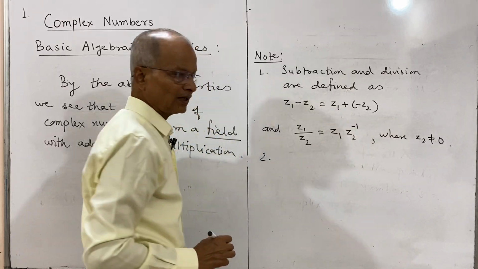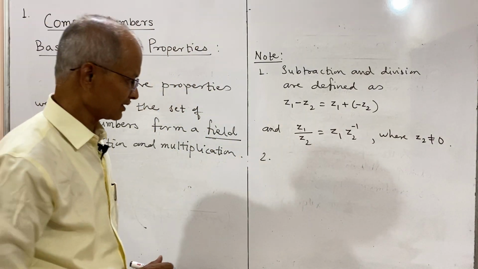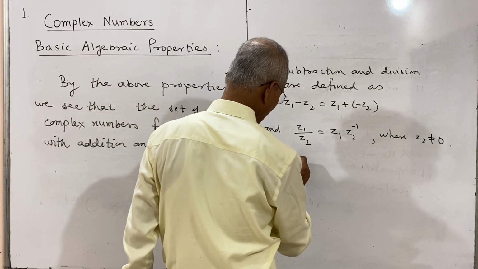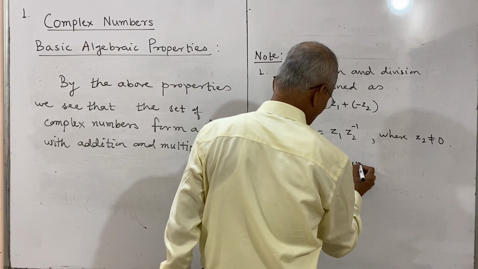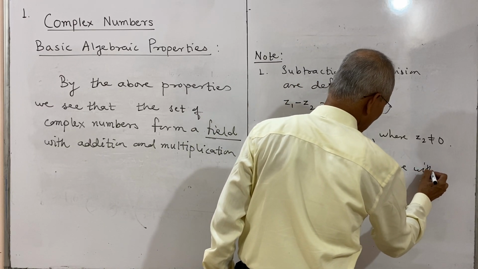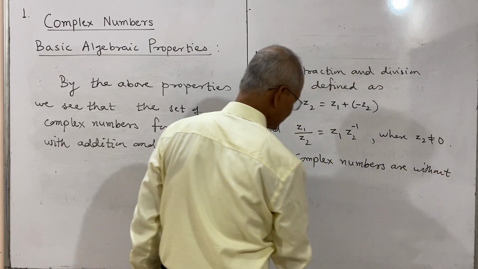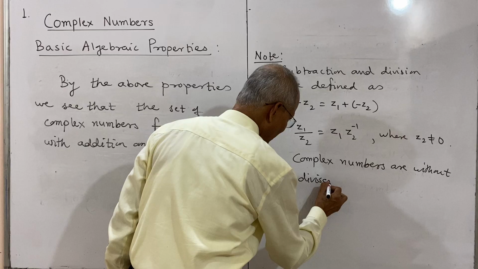Secondly, we note that the set of complex numbers is without zero divisors. What is the meaning of this?